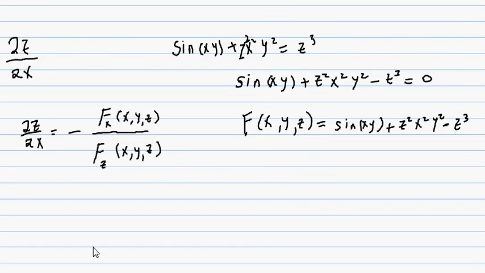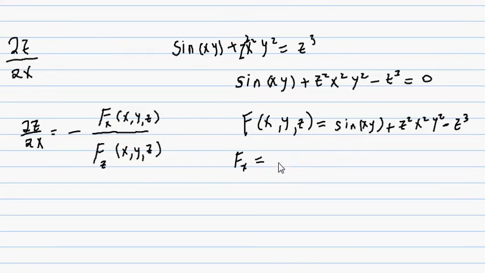And in order for me to find the partial of z in respect to x, all I have to do is compute the partial of big F in respect to x and divide by the partial of big F in respect to z. And I am going to do that precisely now. So let me begin. The partial of big F in respect to x is going to be, I have to differentiate this in respect to x.